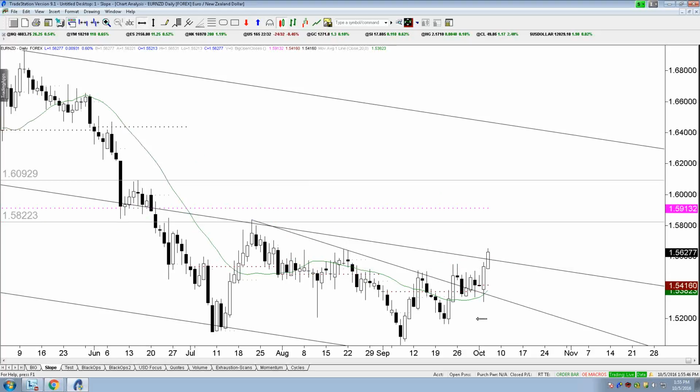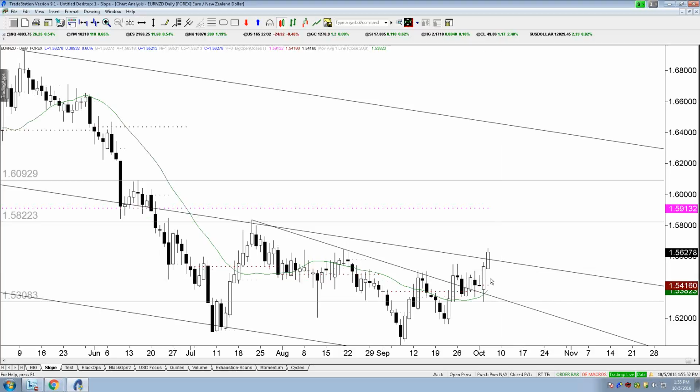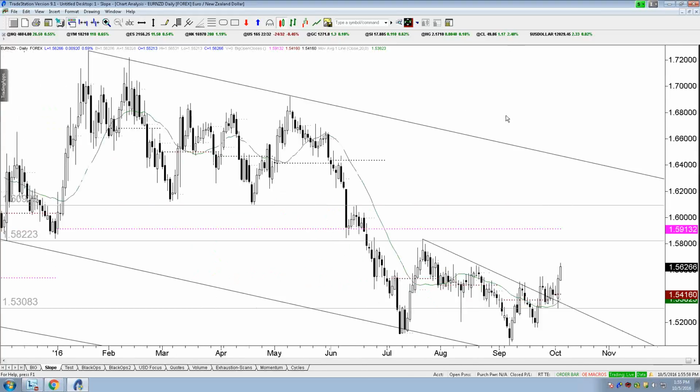Really, your risk on this position is 153, okay? And you're looking higher, probably towards 164 or so. Again, would prefer to trade it through Kiwi dollar and Euro dollar separately, right? I'm actually long Euro right now, short Kiwi.